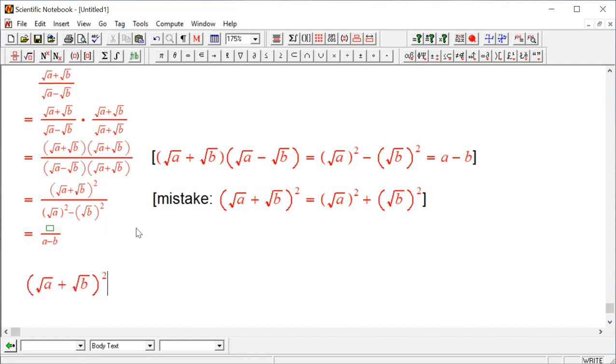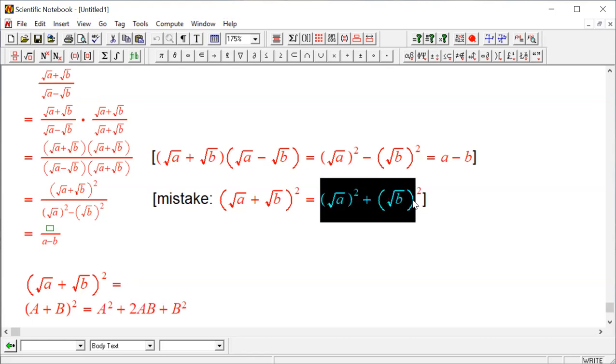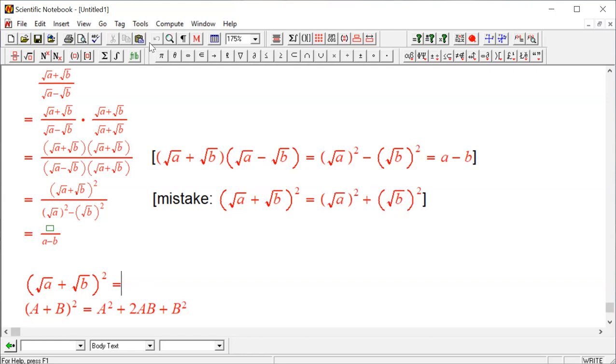If we recall the formula, a plus b squared equals a squared, which we talked about in the last episode, plus b squared. So what we have here is that not only do we have these two, we also have a middle term, 2 times root a multiply root b.